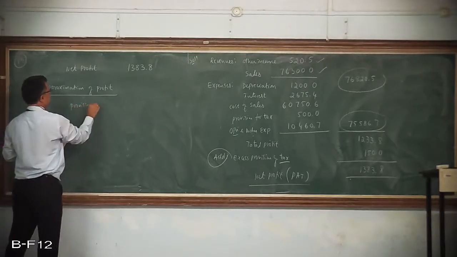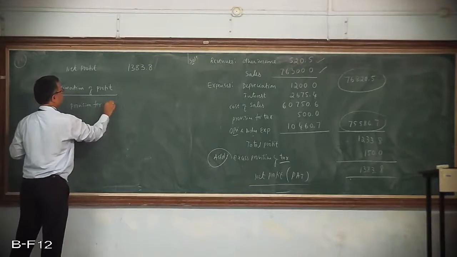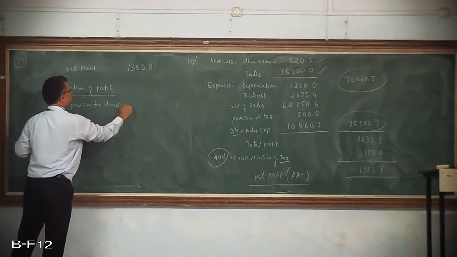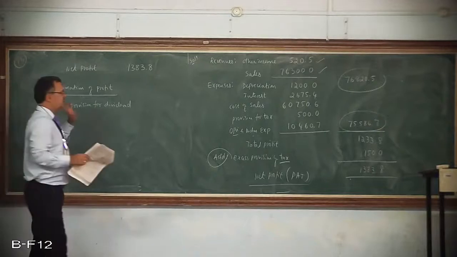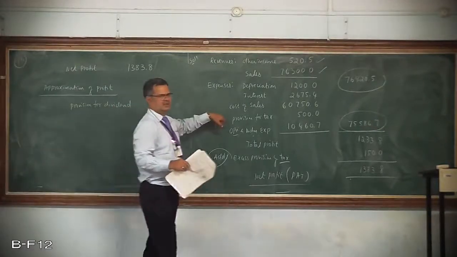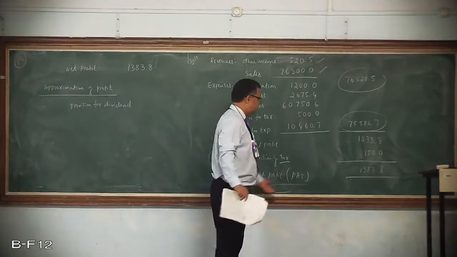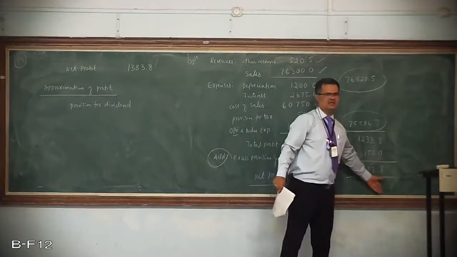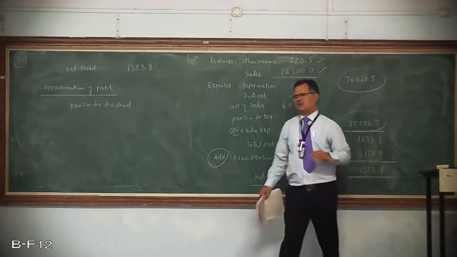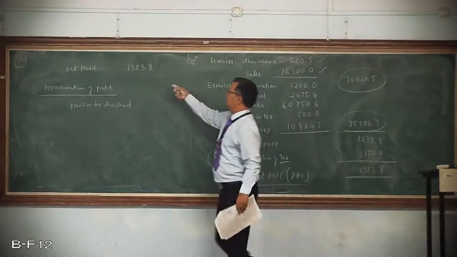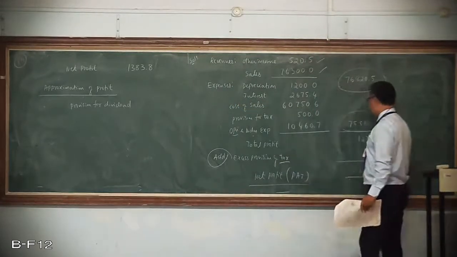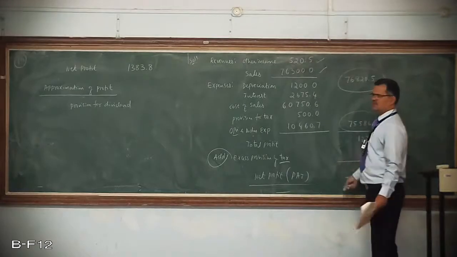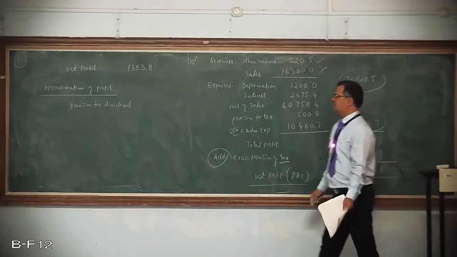Dividend will be given only when the company runs at a profit. That's why this is not added as an expense here. Suppose the company gets a net profit of 1383.8, generally the company can give a dividend. If the company is under loss, suppose the net profit is negative because of expenses, then there is no point in giving any dividend.